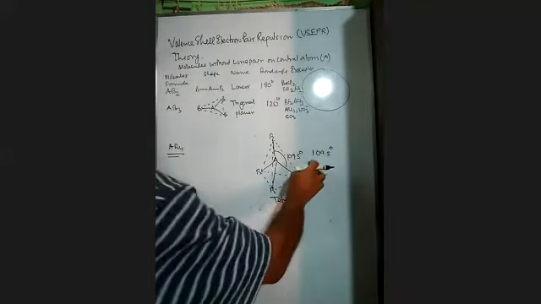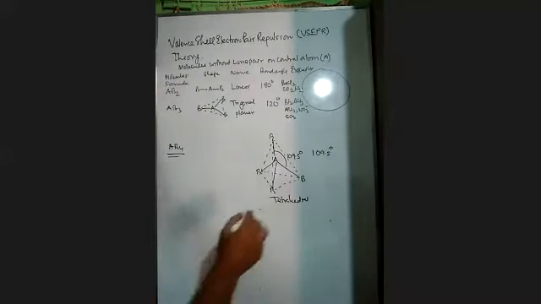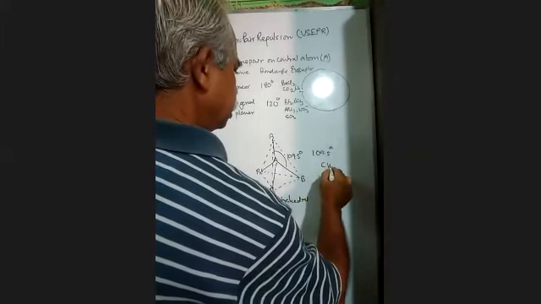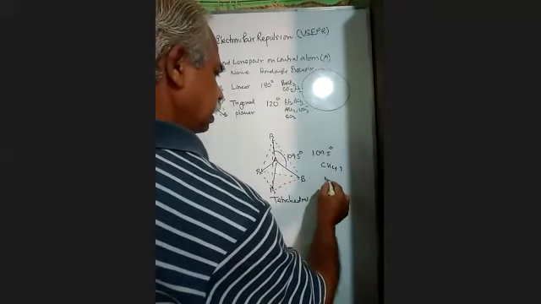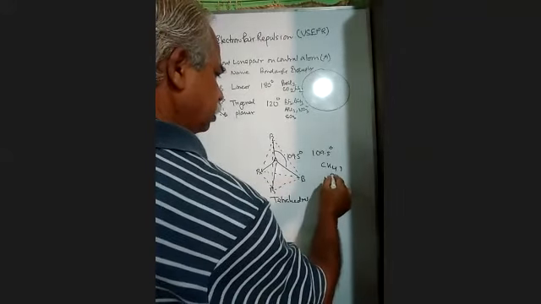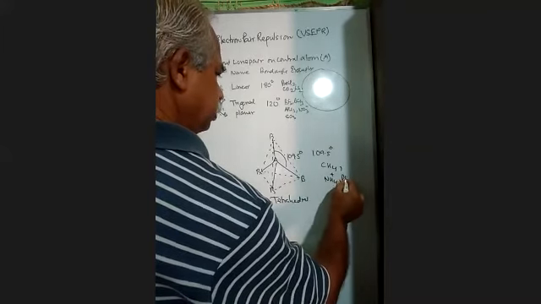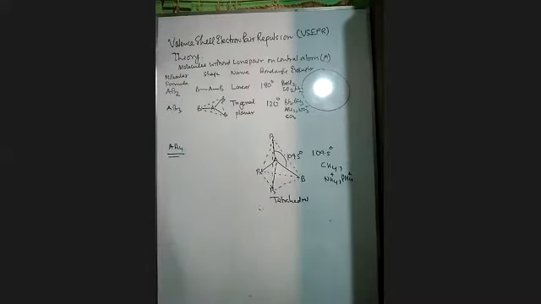Now, in case of this, what can I write? It is CH4. Okay. Then NH4 plus, PH4 plus, like this. So draw. After that, I'll do that next.